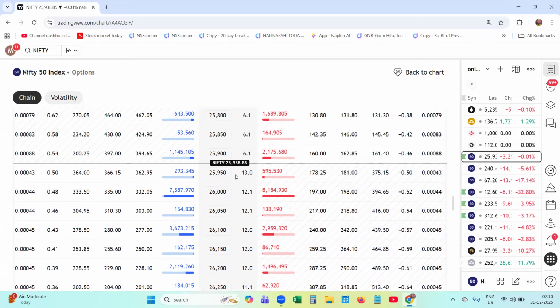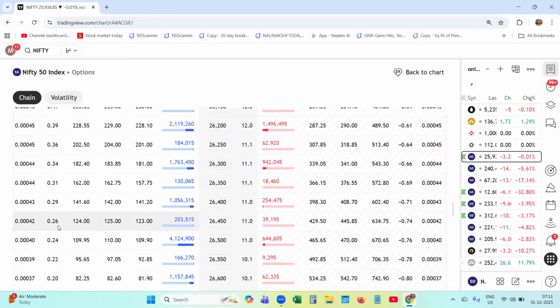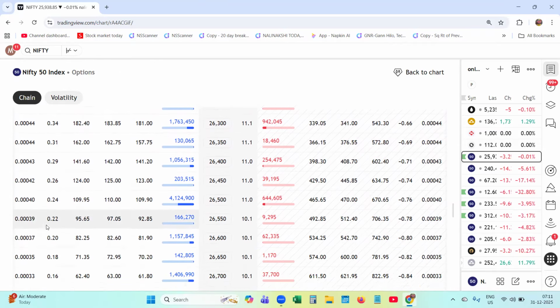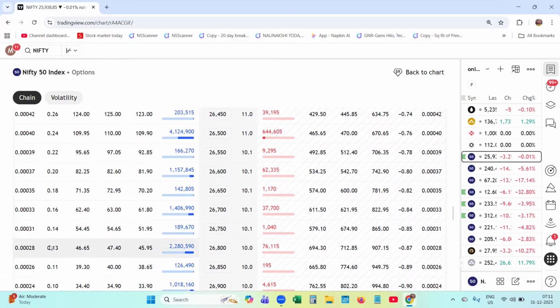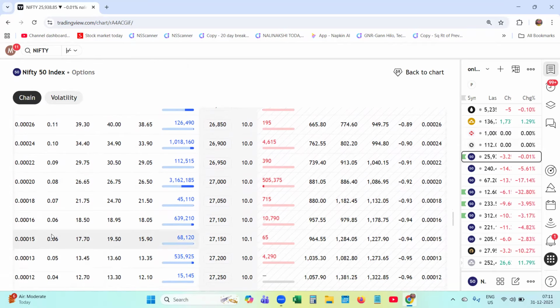See, this is delta. 0.5 delta will be at the money call option, and then you can go 0.2 delta. It is out of the money call option. Like that, you can go 0.22, 0.14, 0.13, 0.09, 0.08 delta, 0.07.